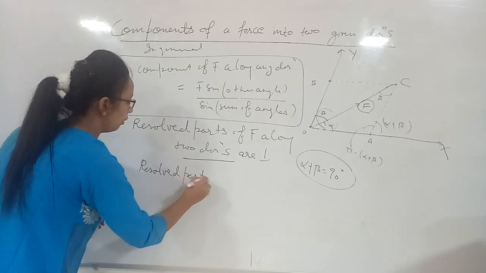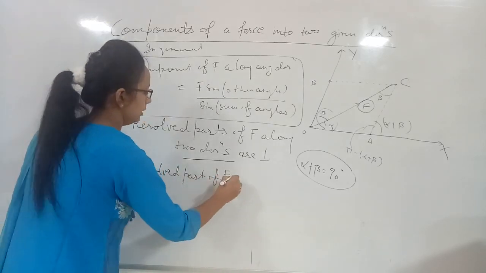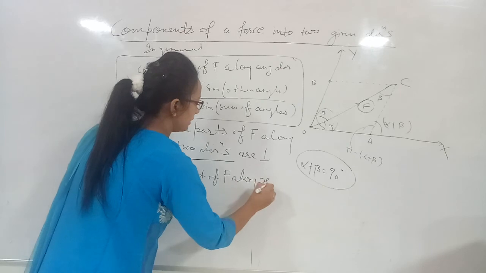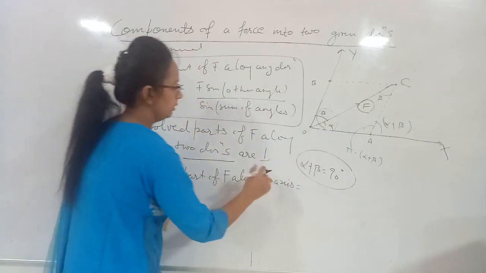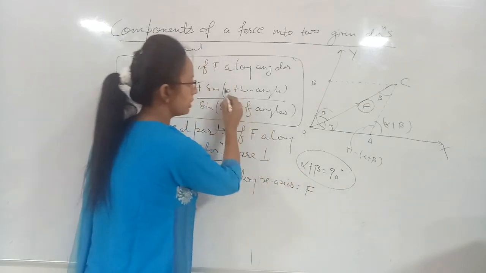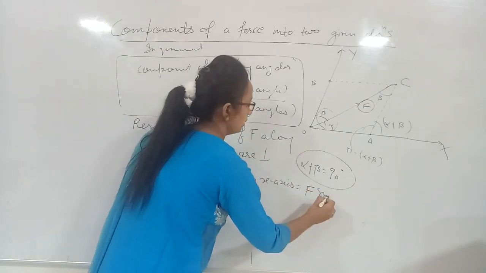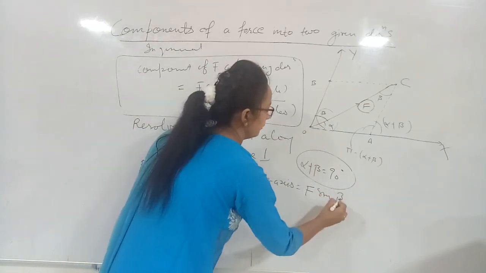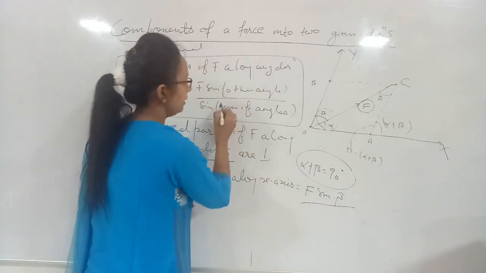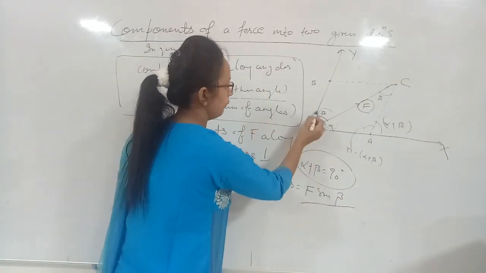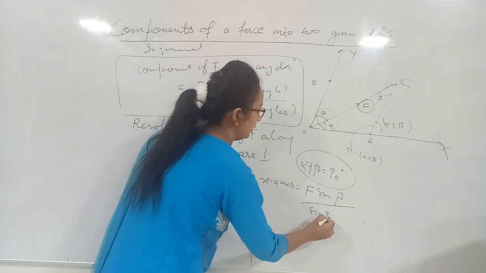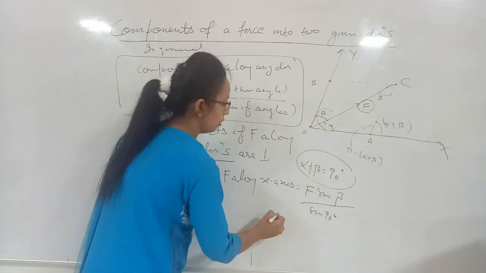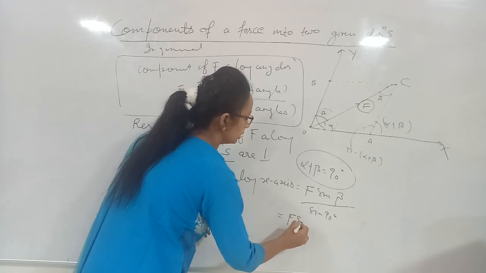The resolved part of F along the x-axis. We'll apply the same formula just now, F into sine of the other angle. So here the other angle is beta divided by sine of the sum of angles. The sum of angles is alpha plus beta, and alpha plus beta is 90. So here we have sine 90, and we know sine 90 is 1. So it will be equal to F into sine beta.